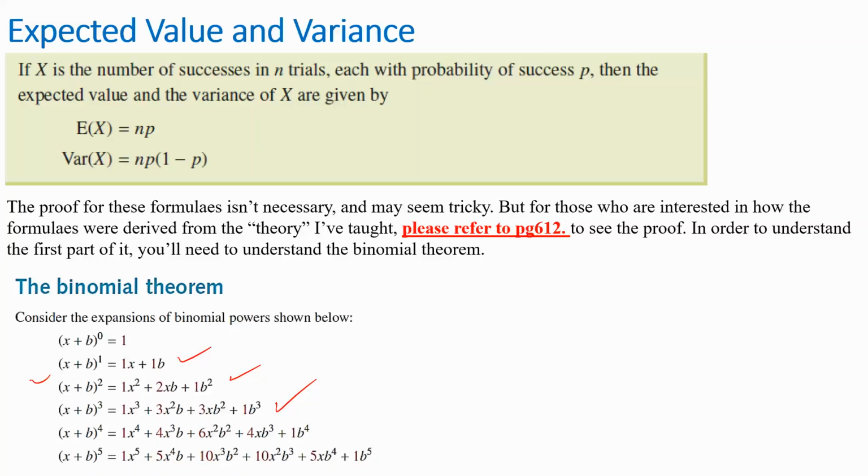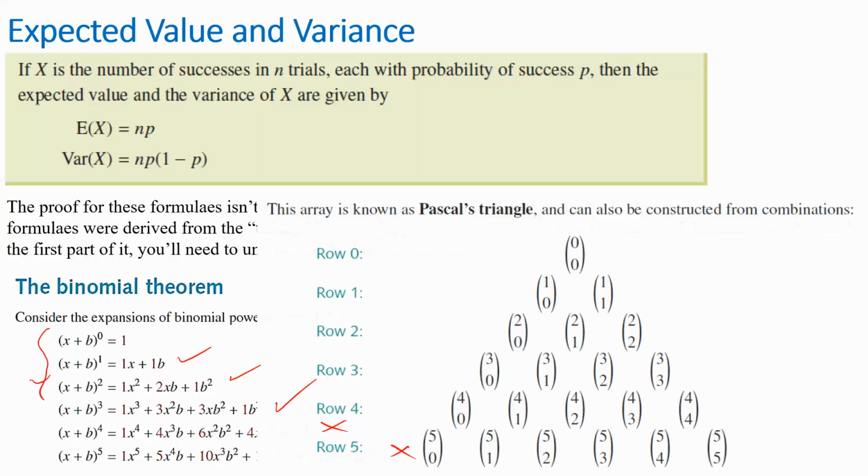Yeah? That's what you learned all the way from year 9 to year 11, but you didn't need to learn quartic and quintic and septic, right? Then I showed you Pascal's triangle to figure out the coefficients.